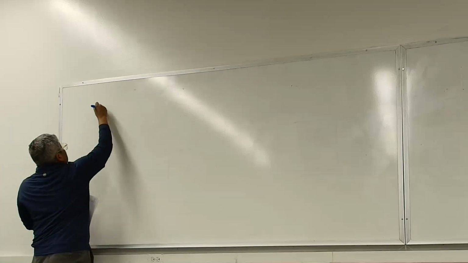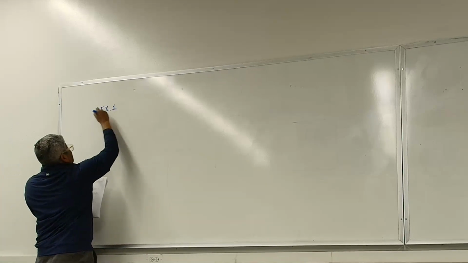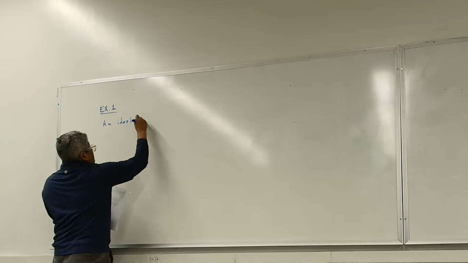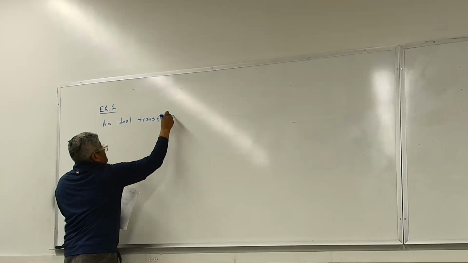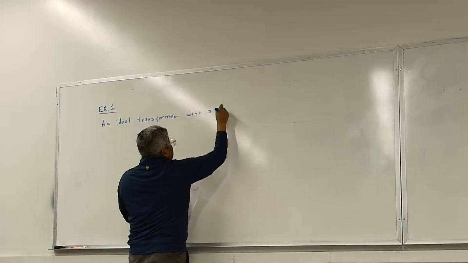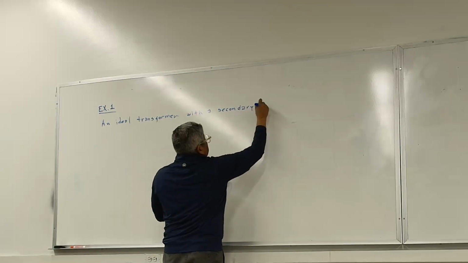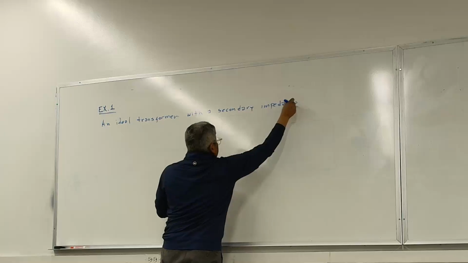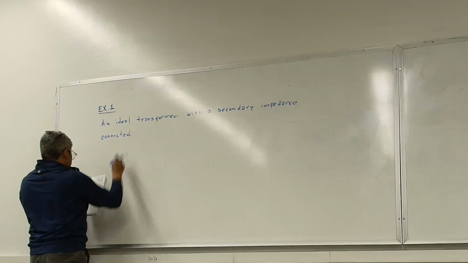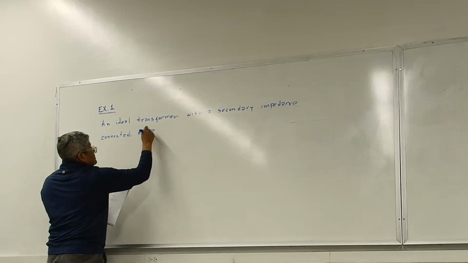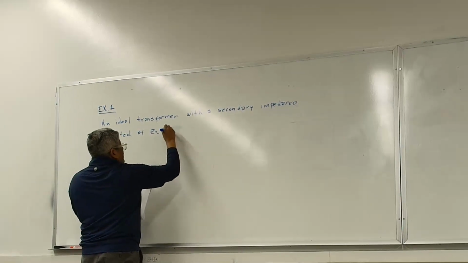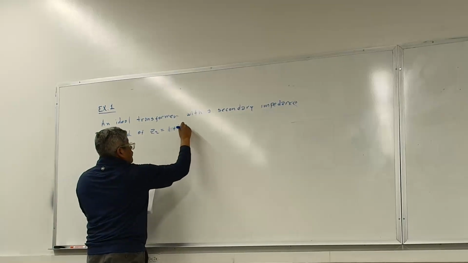So example one. We said that an ideal transformer with a secondary impedance connected to it of Z2 equals 1, sorry, 1 plus J4 ohms.